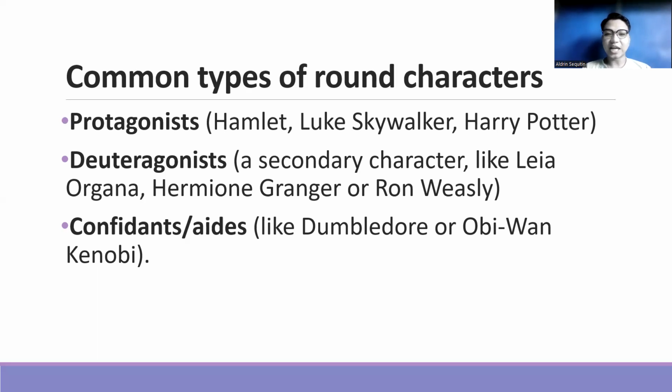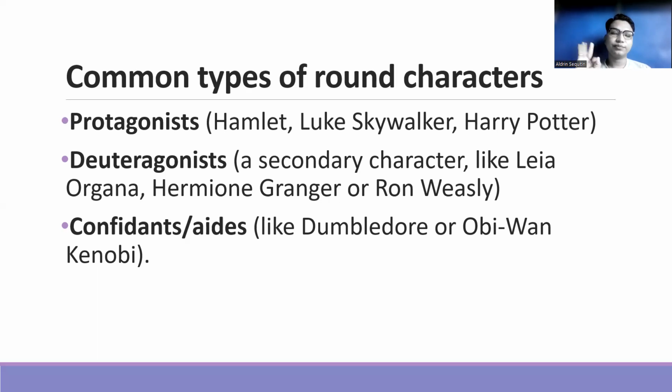Aside from categorizing characters according to the changes they experience in a text or in a story, we could also categorize them according to their role. In ancient Greek dramas or plays, they categorized characters into four. We have the protagonist, or the hero of the story. We have the antagonist, the villain.